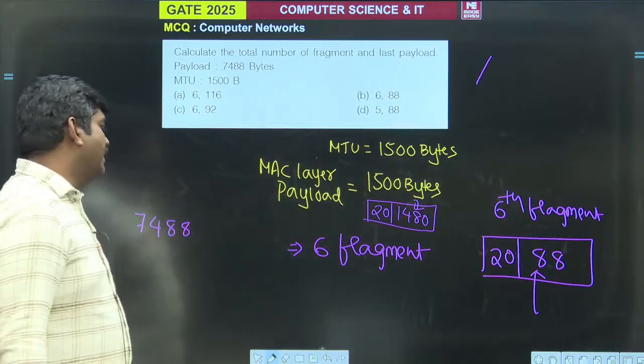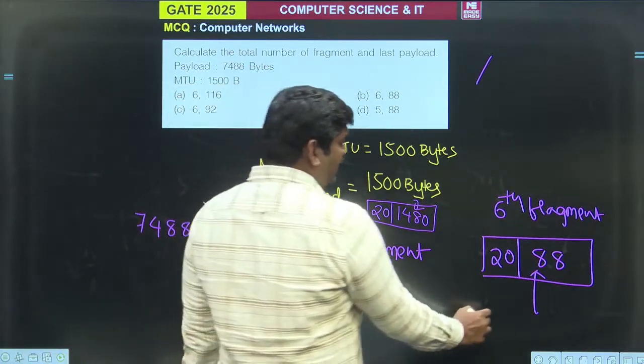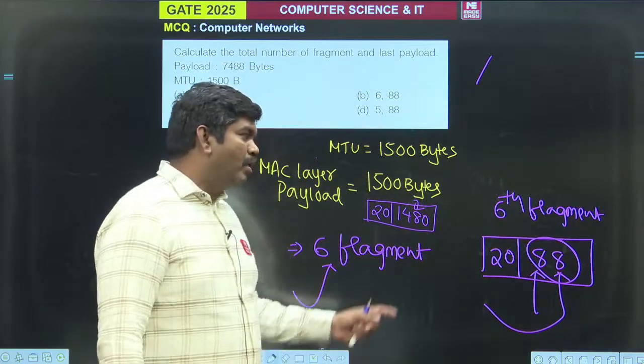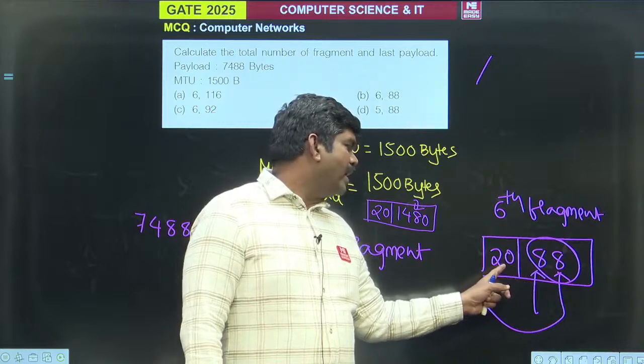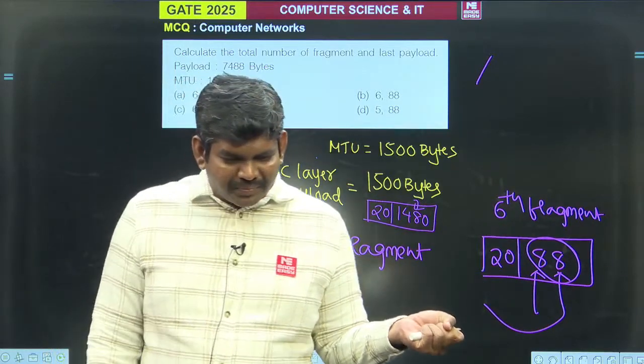So this gives a clear idea. So totally 6 fragments are provided, and especially for the last fragment the payload value is 88, and if you want to include the IP header you can also add this 20 and tell the answer. Okay, got it?